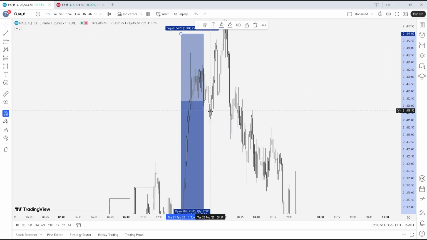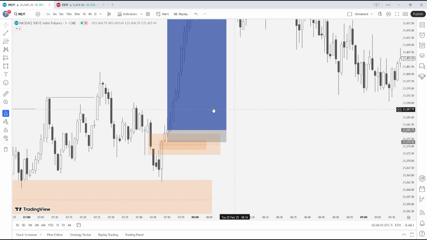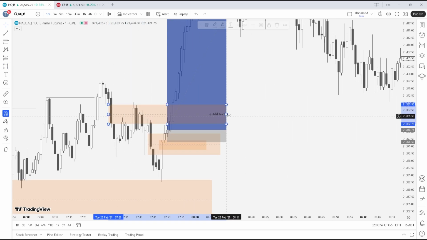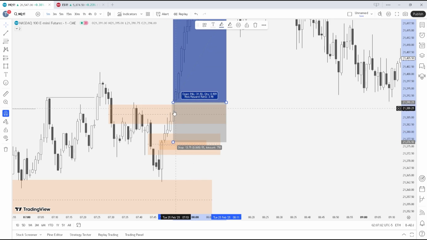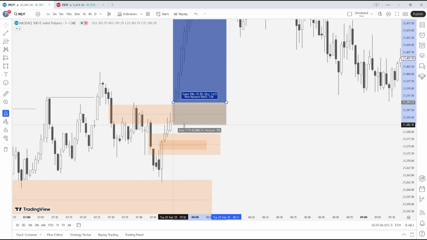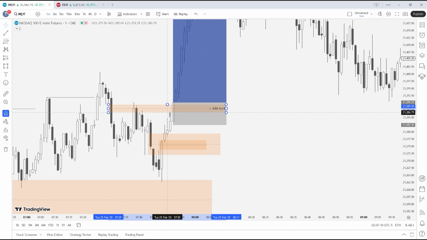So you could target this, right? Or you could wait for this inversion, right? And then take the entry off of the close right here, stop at the breakaway or below the inversion, or right here, this would be a BPR.